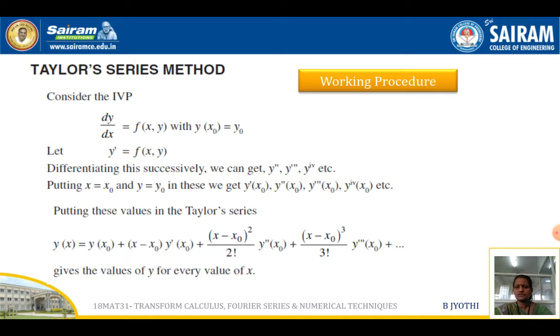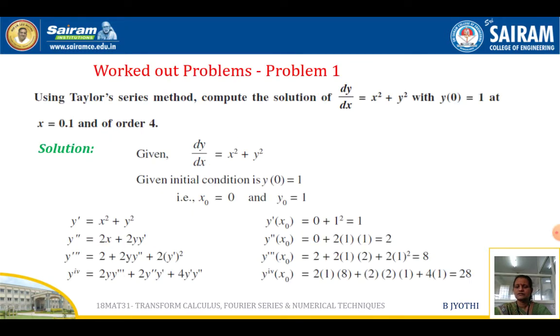This is the procedure we adopt in order to find a solution for an initial value problem of an ordinary differential equation by using the Taylor series method. So let us see the problems now.